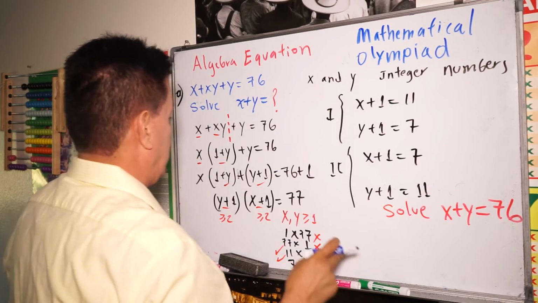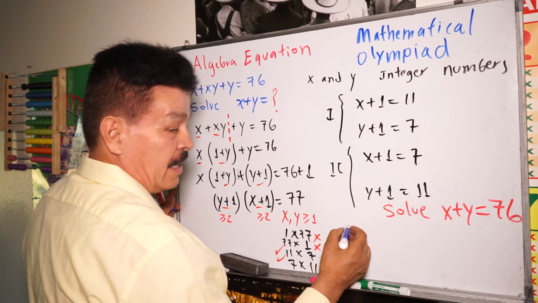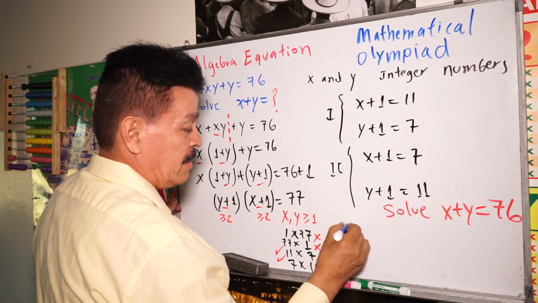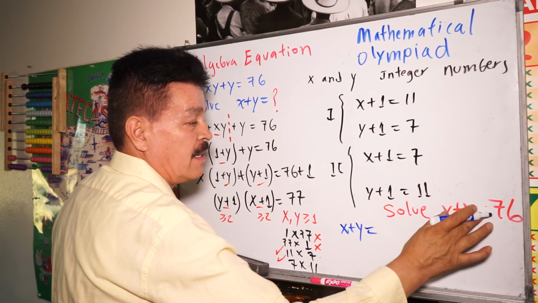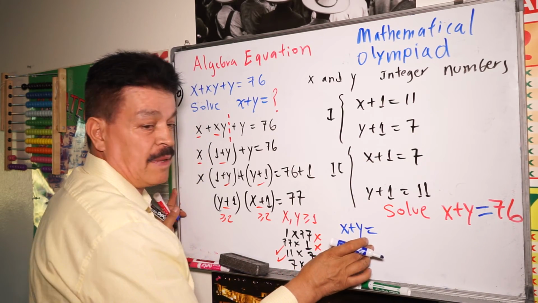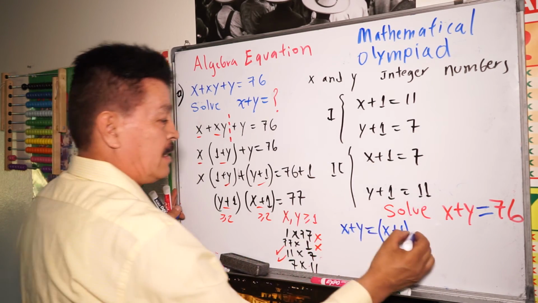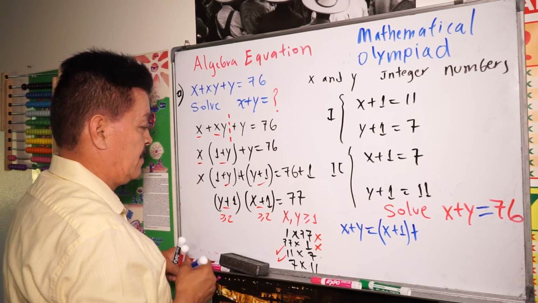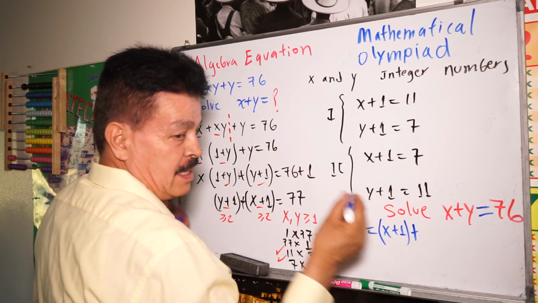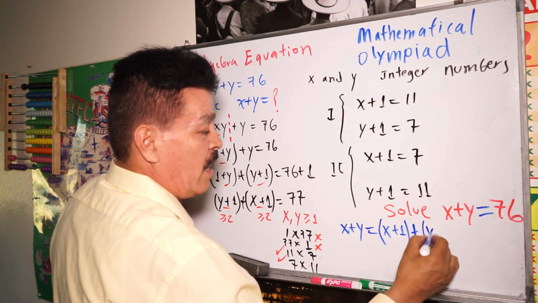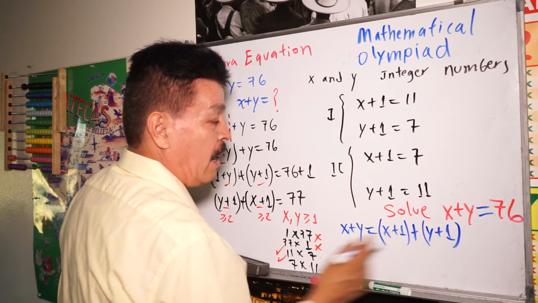Here we have x plus y, and now x plus 1, plus y plus 1, equals the number.